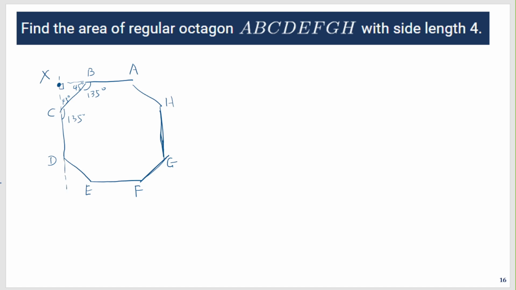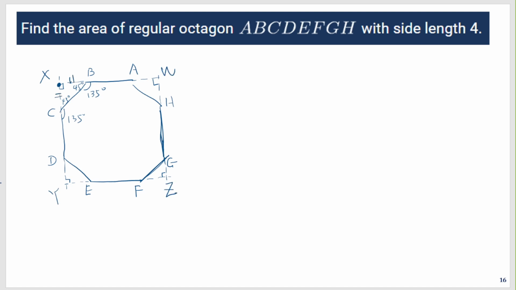And similarly, extend these sides. And each of the angles here is a right angle, and therefore we have a square XYZW, right?